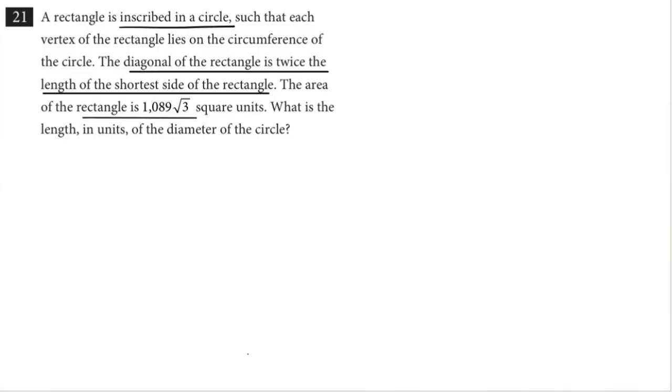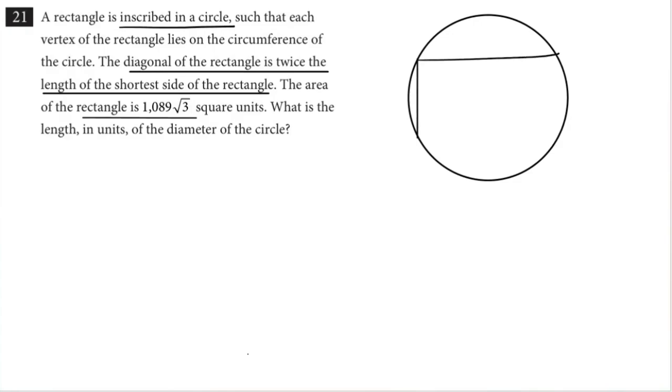What is the length in units of the diameter of the circle? So let's take a look at what the inscribed rectangle should look like. Inscribed means it fits in a way that every vertex of the rectangle touches the circumference. They did mention that each vertex of the rectangle lies on the circumference.